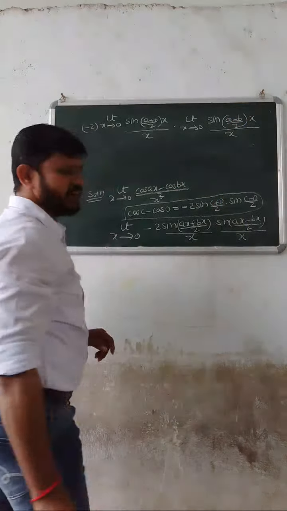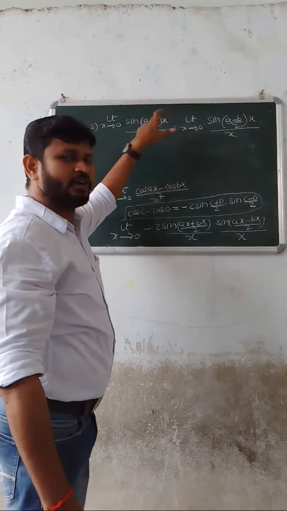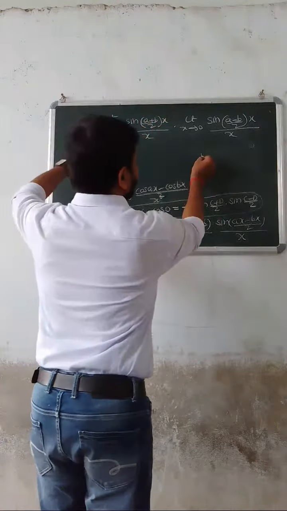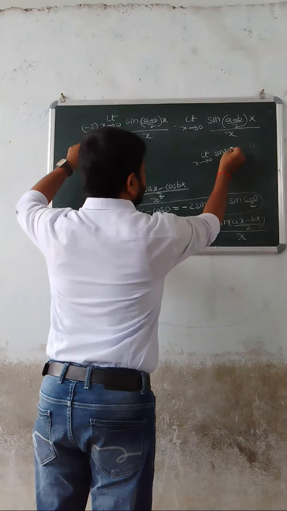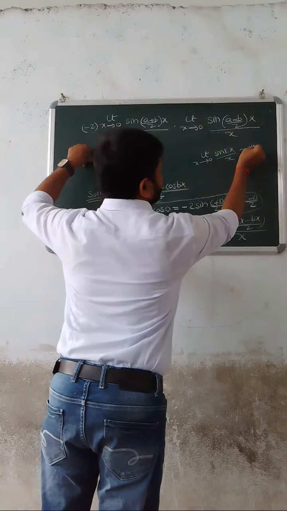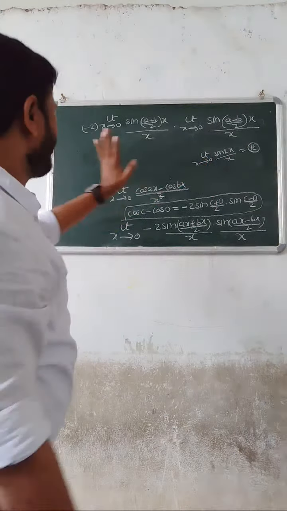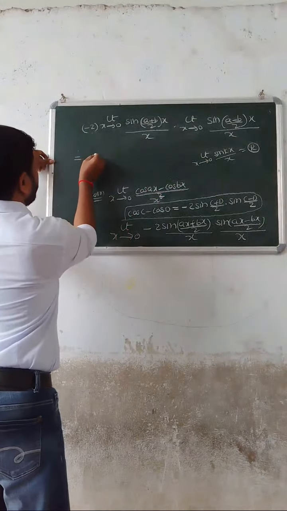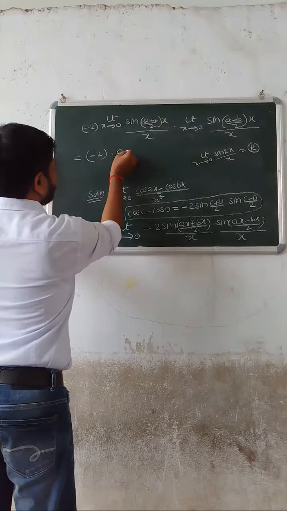You know one thing directly: whether it is a or k, whatever it is, limit x tends to 0 of sin kx by x is always k. Now what do I have to write finally? Minus 2, and sin kx by x is k.